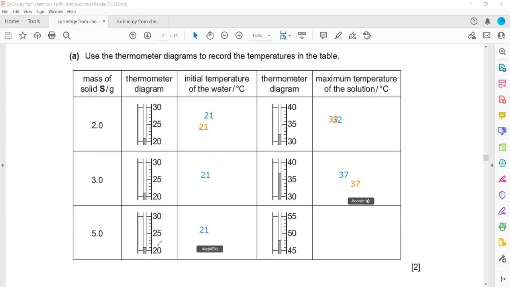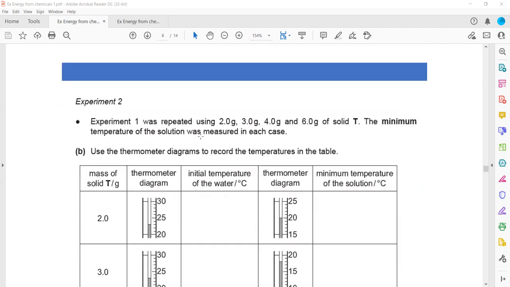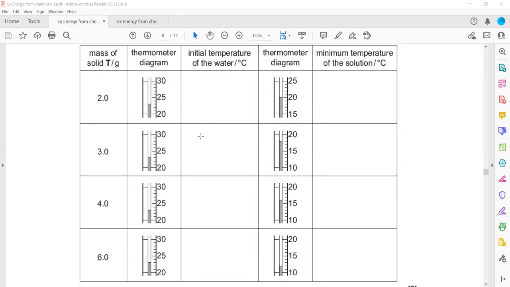Initial temperature is 21, final temperature is 48. Here we don't have to write the change in temperature because in the question they did not ask for that.